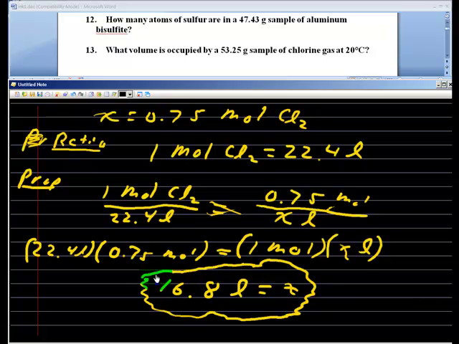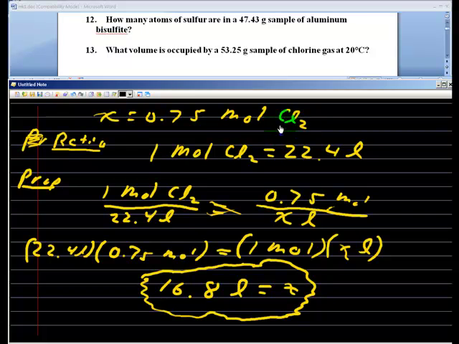Let me show you something you need to think about. The issue is 16.8 liters, is it reasonable? That's a good question to always ask. Is this reasonable? Well, according to our calculations beforehand, we said that there were 0.75 moles of chlorine gas.